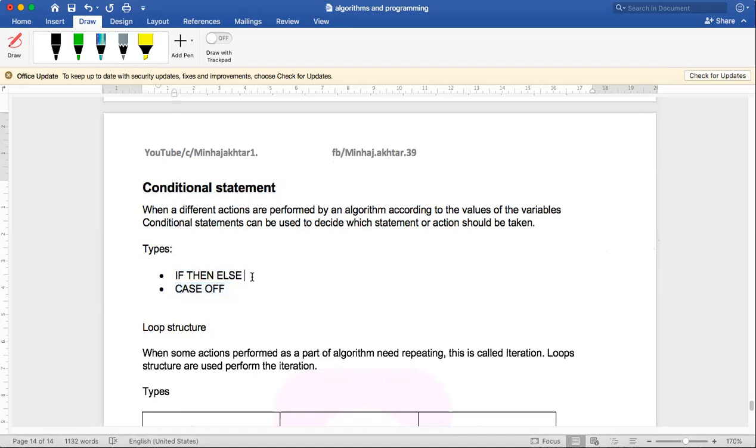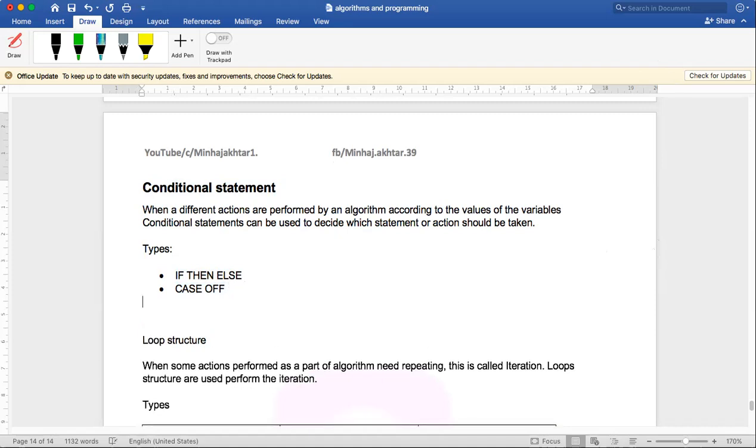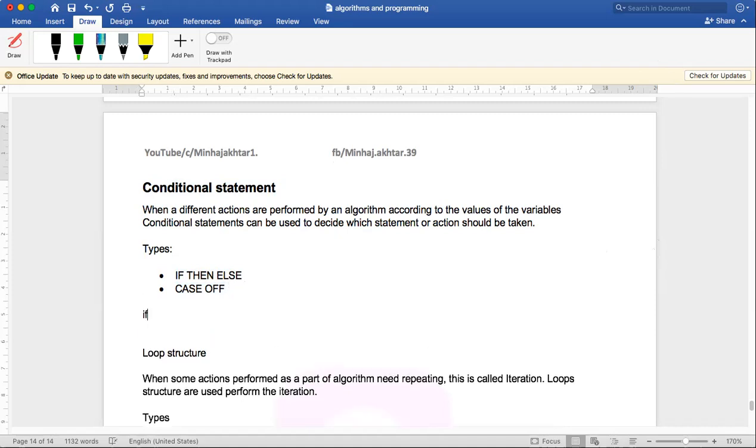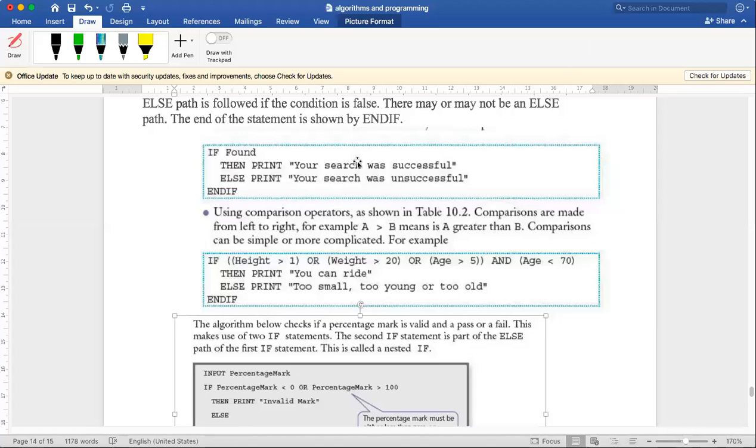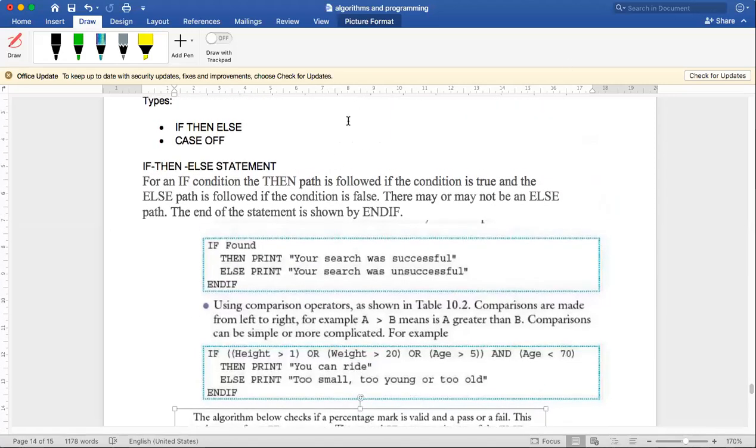So first we are going to start with the if then else statement. Okay, give me a second. Okay, now let's start.